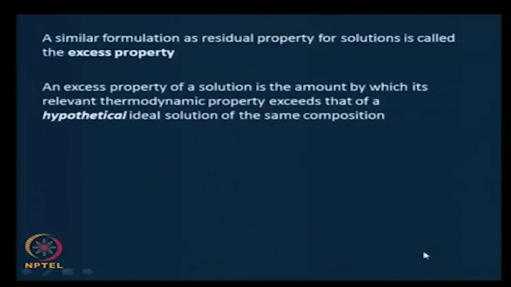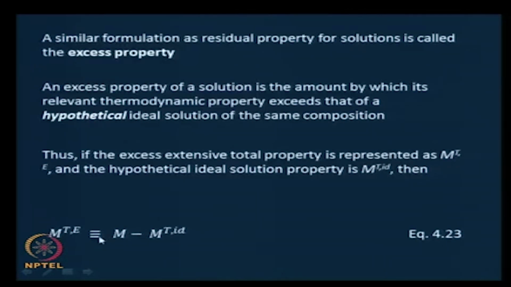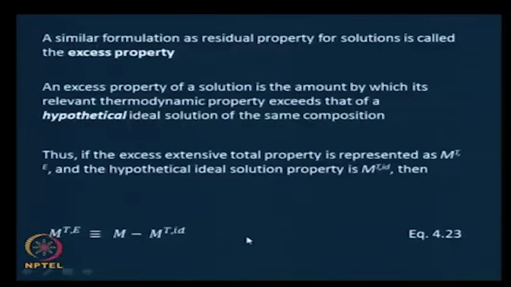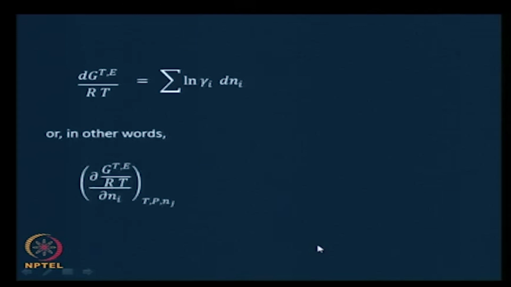Then we looked at excess properties and also looked at activity coefficients. Excess properties are nothing but the difference between the actual and the ideal properties, the same way as residual properties, where for pure substances we have excess properties for solutions, and we got some useful relationships.